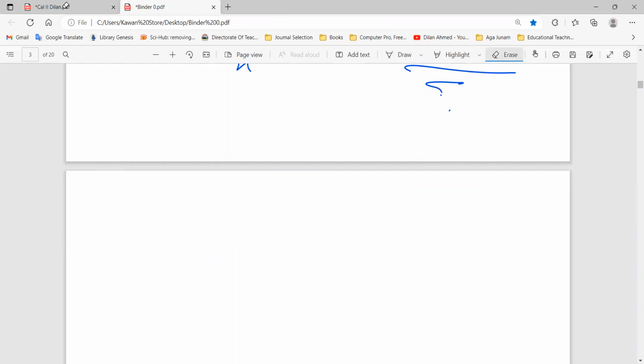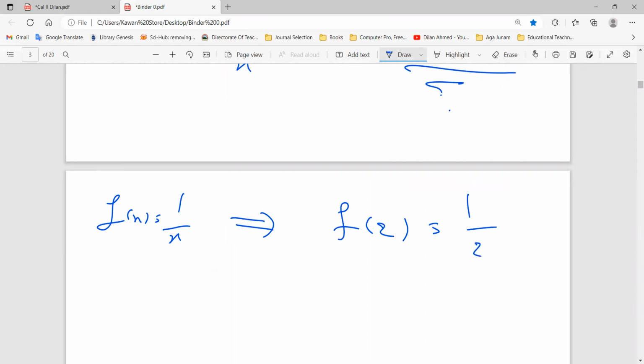So first of all, before doing anything, I need what? The derivatives and the function itself. So look here. I say f(x) = 1/x. Then f(2) equals what? 1/2. First derivative equals what? We bring the power up, derivative, power minus 1.